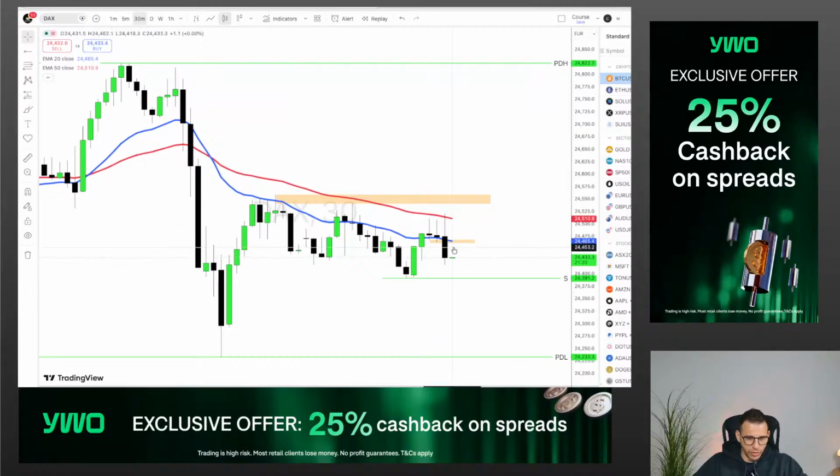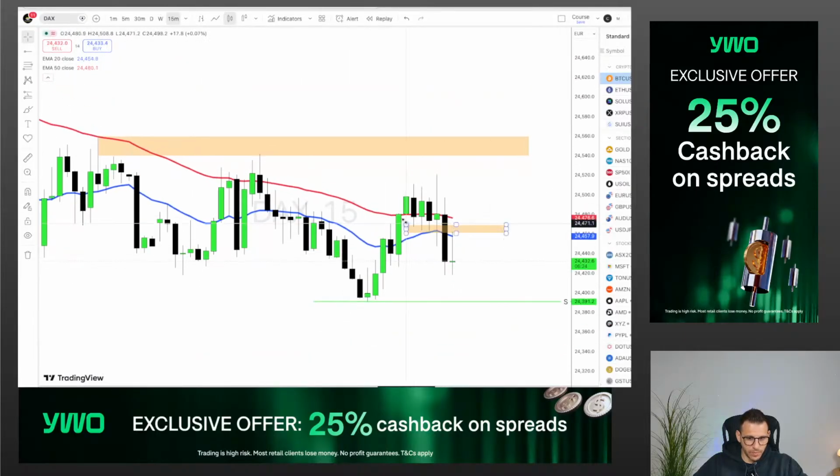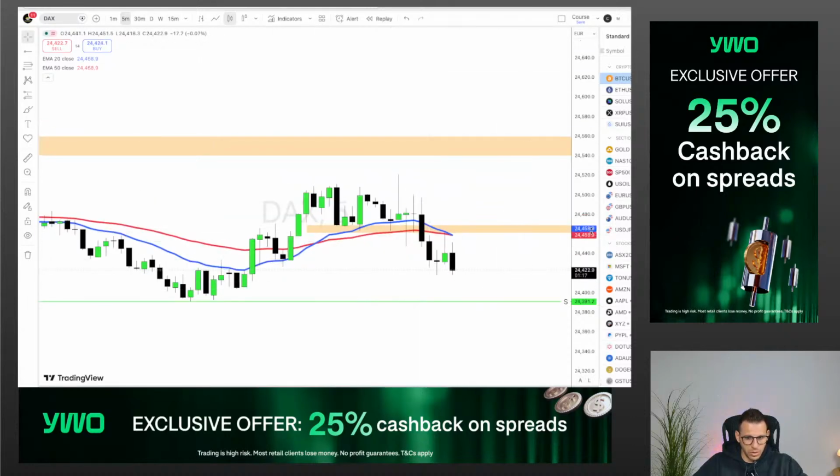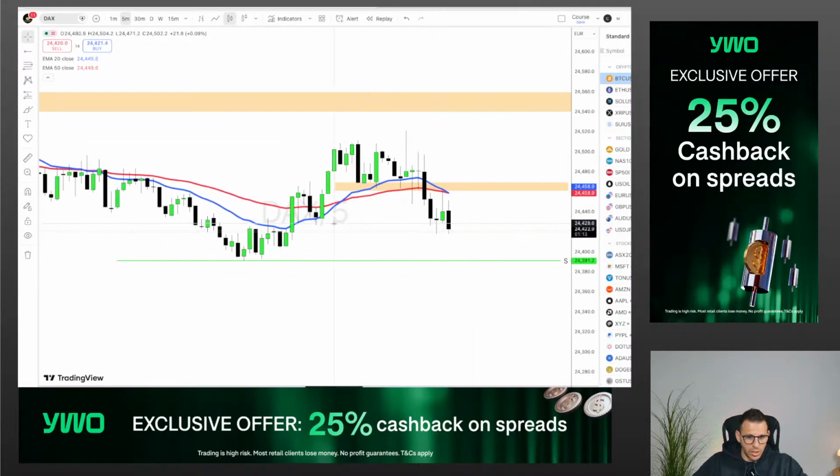Bearish engulfing on the 30-minute chart. On the 15-minute, we are down. It shifted to the downside, so DAX can be a good one for shorts.